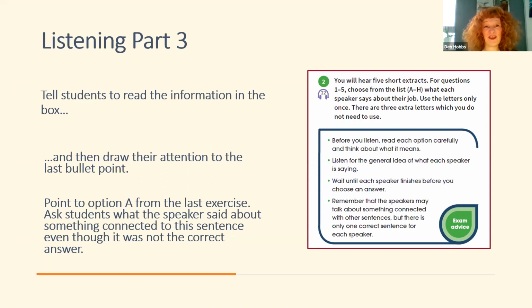That's because there's something in that exam practice relevant to that point. So point to option A from the last exercise and ask the students what speaker said about something connected to this sentence, even though it was not the correct answer. So they're actually practicing the technique that is in the exam advice tip.